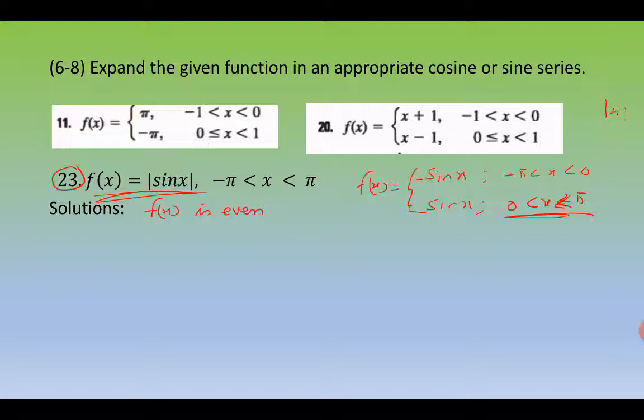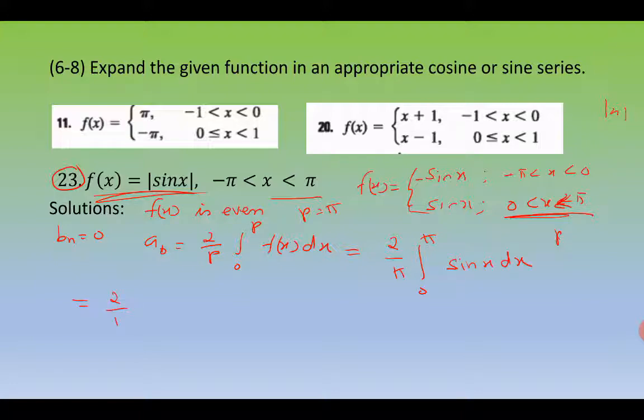So when it is an even function, bn is 0, but a0 is 2 over p integration 0 to p f of x dx. So what is f of x? 2 over p. What is p here? P is half length, so p is pi, integral 2 over pi 0 to pi f of x in the interval 0 to pi is sin x dx.